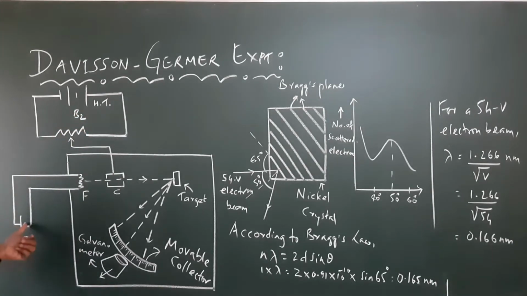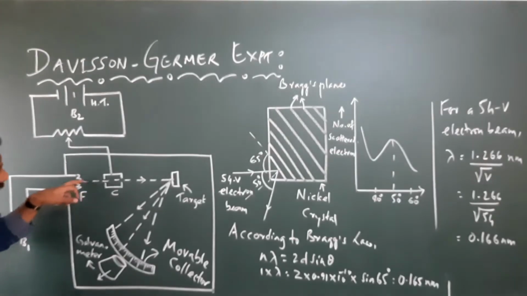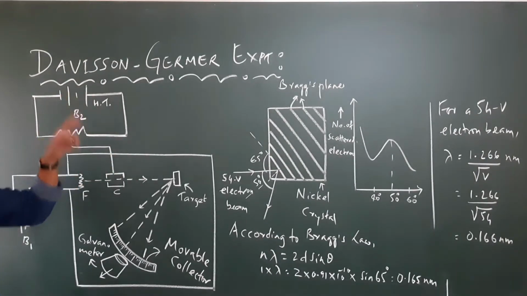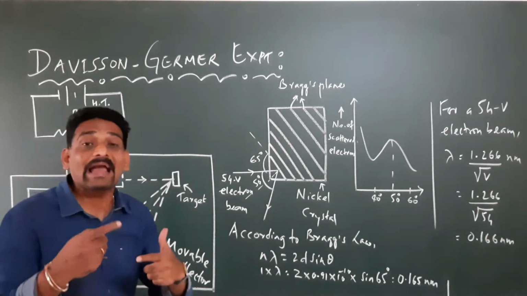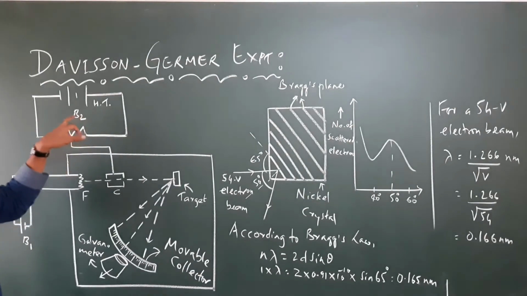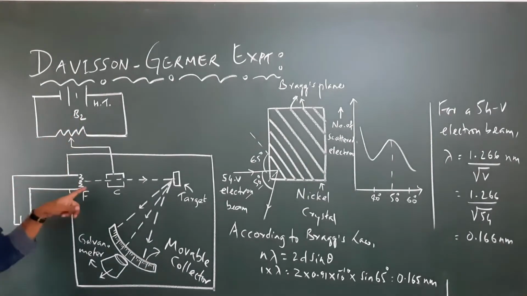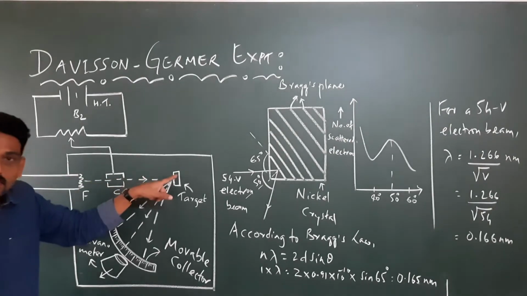This is a low tension battery and this is a high tension battery. The electrons can be accelerated with the help of the high tension battery B2.